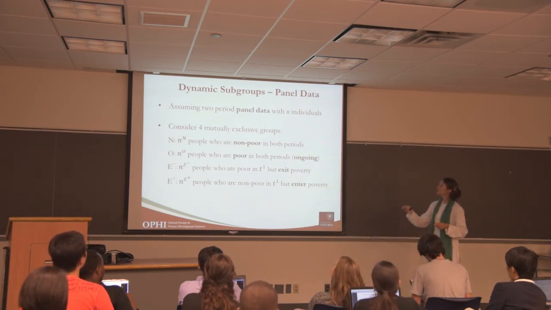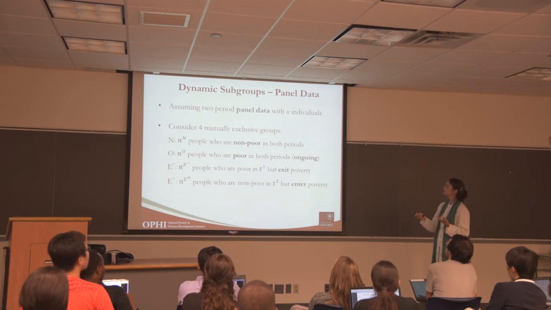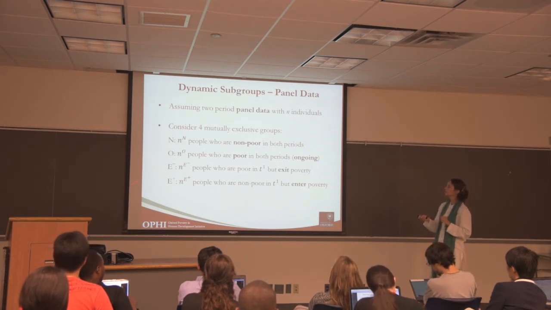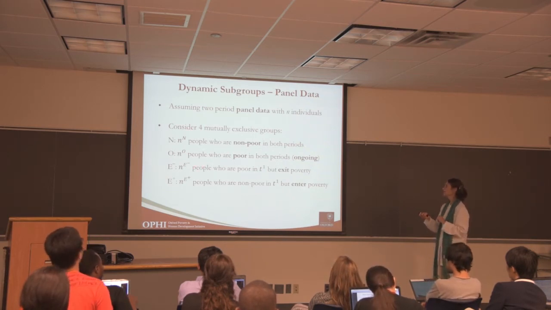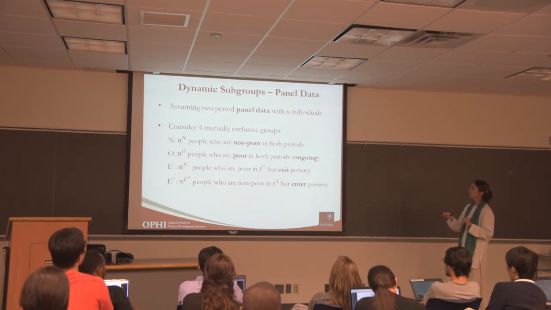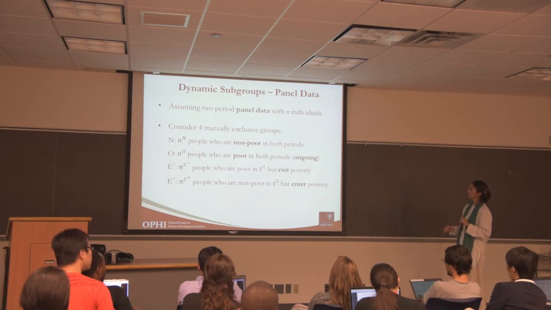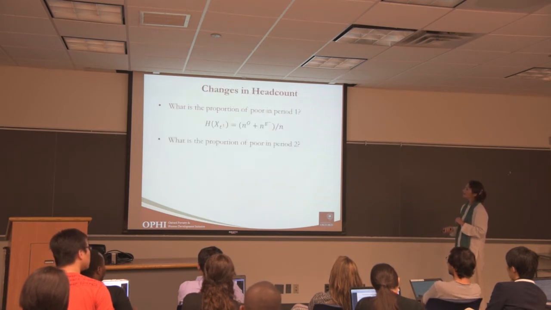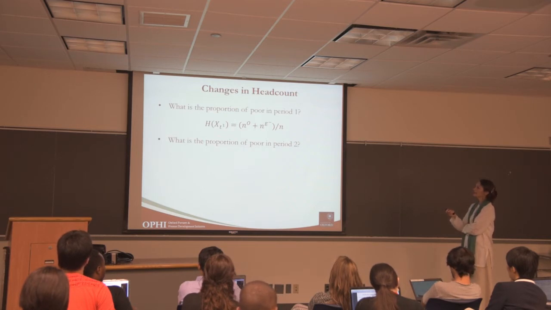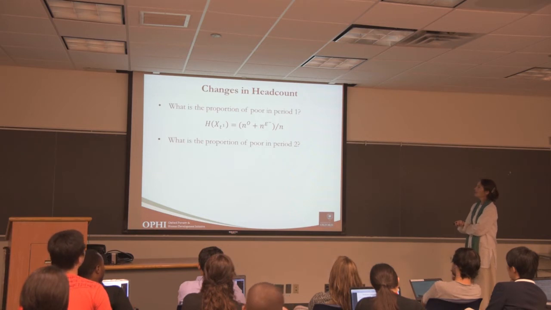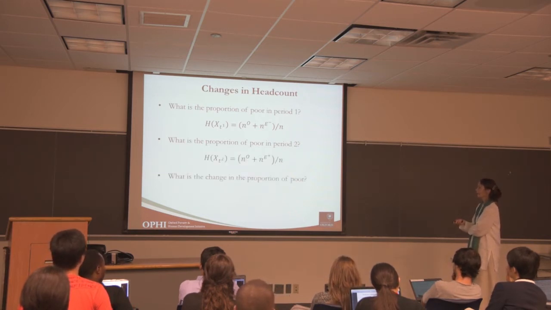So these are the groups that are mutually exclusive, that in a sense categorize in a two-period world the non-poor who are non-poor in both, those who are poor in both, and the two directions of transition between two periods. And then we can look at the changes in the headcount ratio. It's the original in period 1, and those who exited or those who entered, and how they changed.